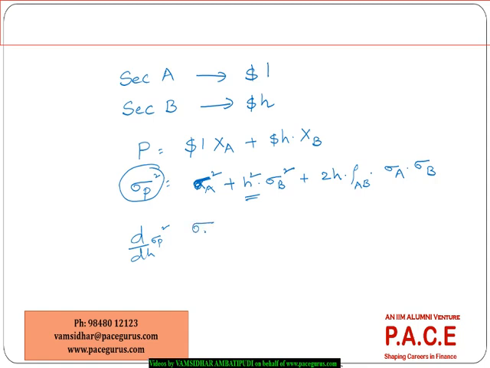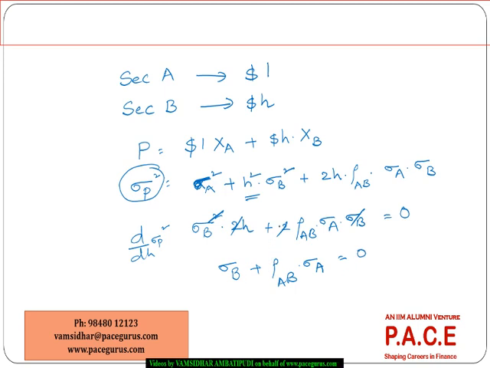Which comes out as sigma B squared times 2H plus 2 correlation AB sigma A sigma B. This is my first derivative, and I'm equating it to 0. So basically I'm taking the 2 out, and I can take one sigma B out. So it's coming out like sigma B times H plus correlation between A and B times sigma A equal to 0.